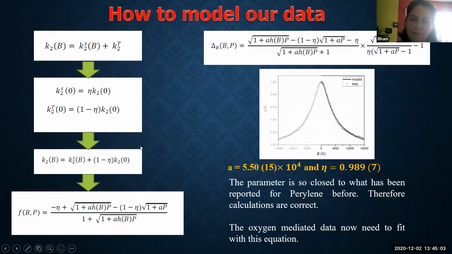And finally, after lots of math, we will also get this equation in here that we used to fit our perylene platinum octaethyl porphyrin data, and we achieved these parameters for our equation. When we compare these numbers with what has been reported previously, we understand that the calculation is correct.